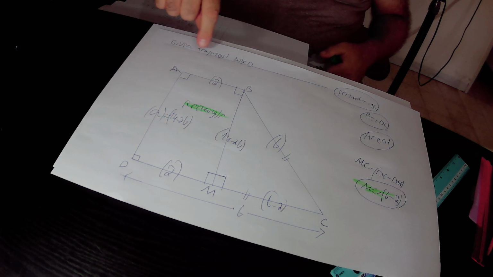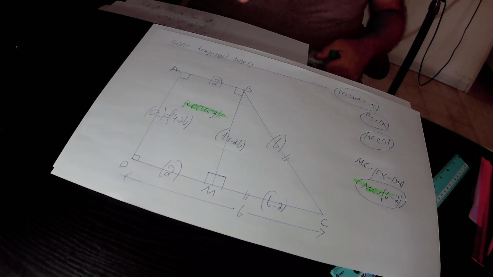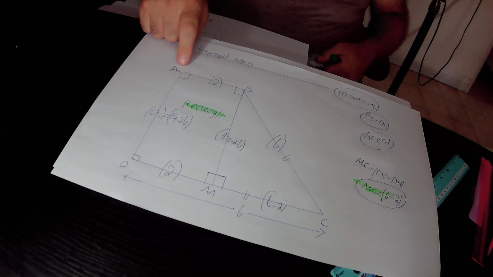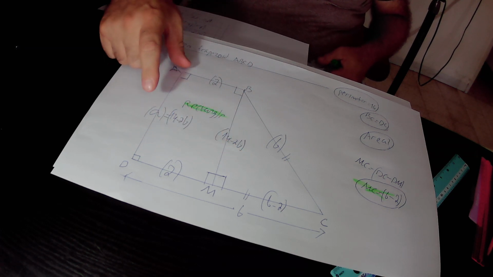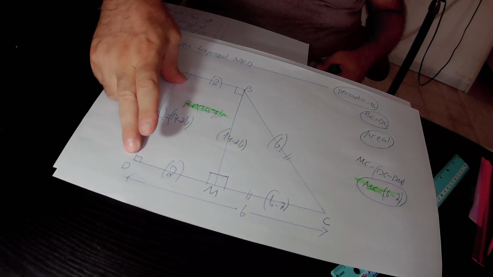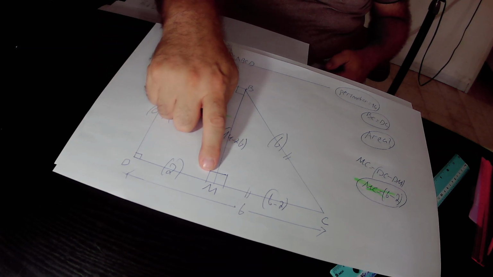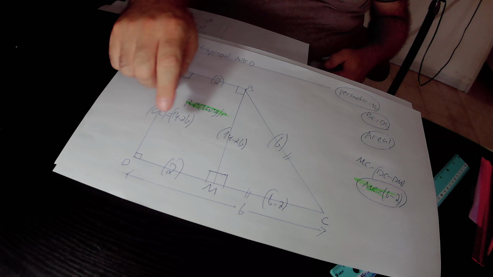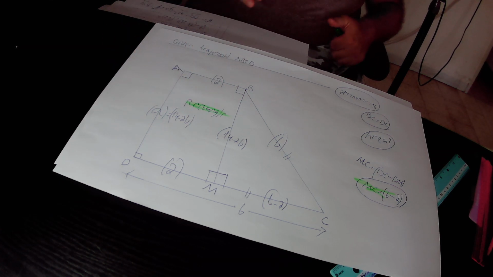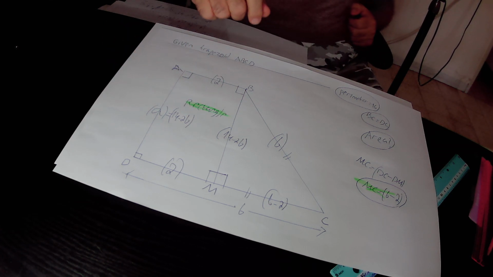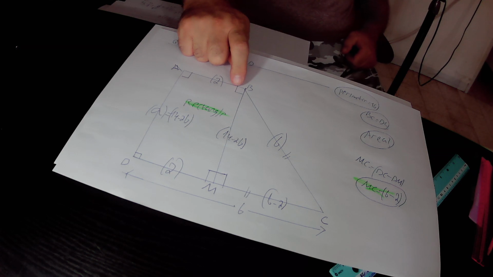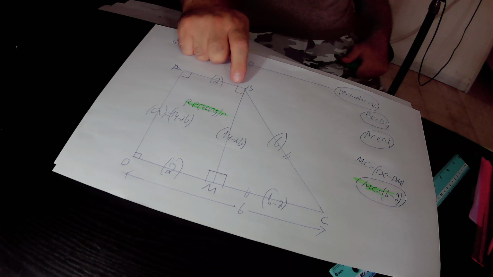Inside this quadrilateral ABMD, we have 1, 2, 3 right angles. Those 2 angles are right angles according to what is given in the question, and this angle is a right angle according to our construction, so in total we have 3 right angles. The sum of 3 right angles is 270 degrees, so 270 degrees plus the size of the 4th angle must equal 360 degrees, according to the rule that the sum of the angles in any quadrilateral is 360 degrees.